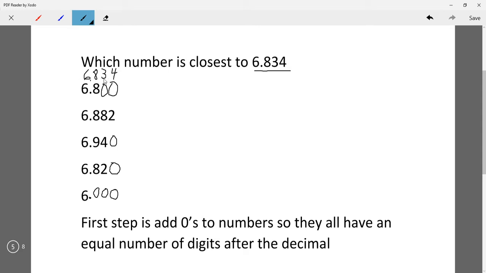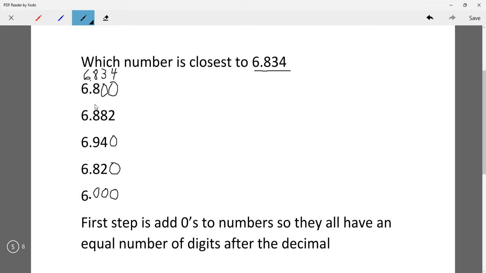We're going to go down each place value. So right now all of them have 6 in the ones place. In the tenths place, they all have either 8s or 9s.